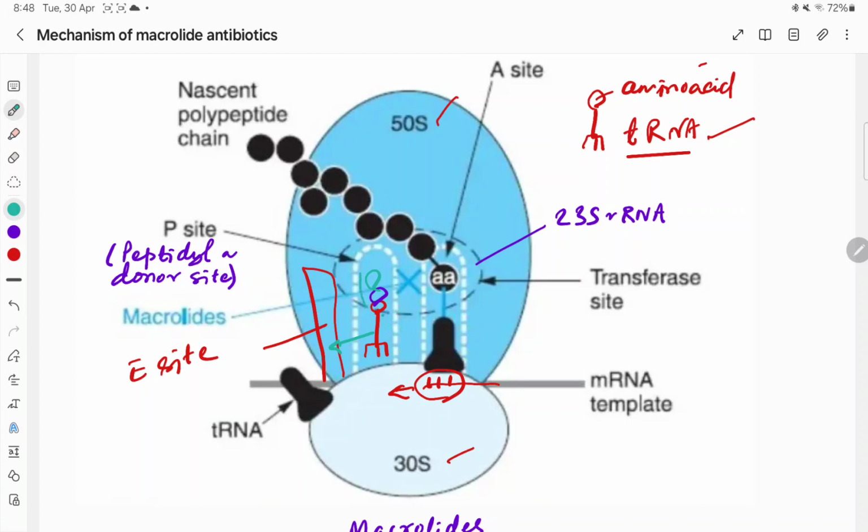So accordingly the chain elongation occurs and we get the protein.